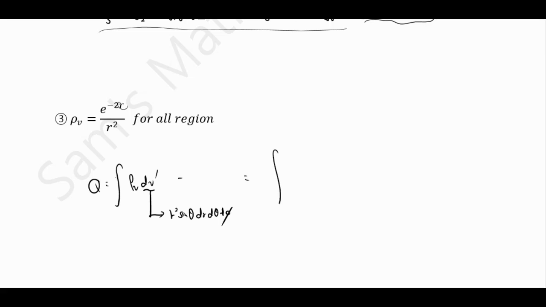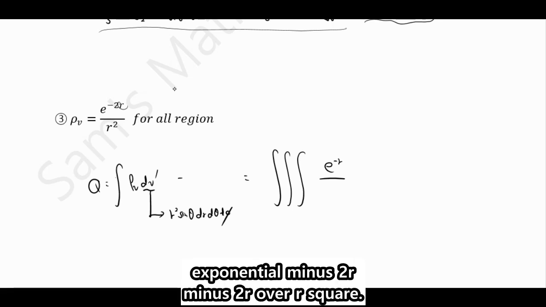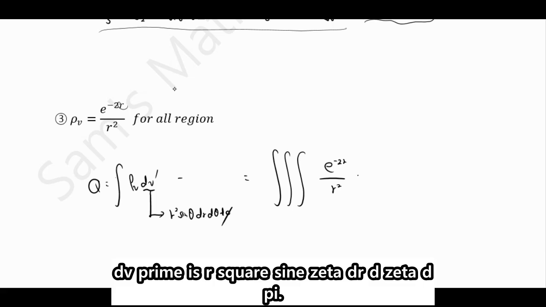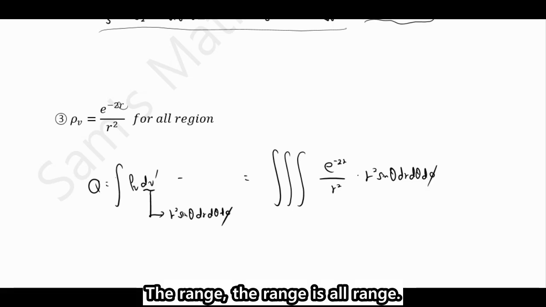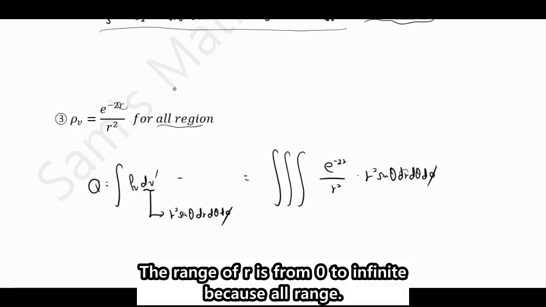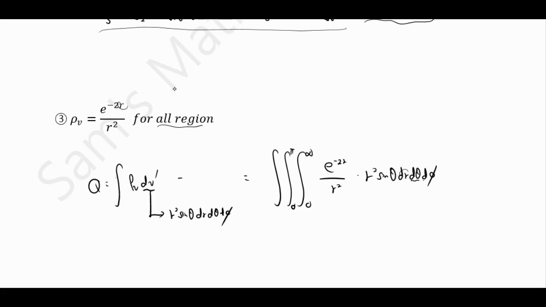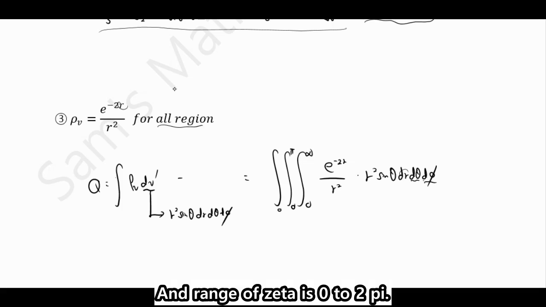The rho v is exponential minus 2r over r squared, in a triple integral. The range is all space: r is from 0 to infinity, phi is from 0 to 2 pi, and theta is from 0 to pi.